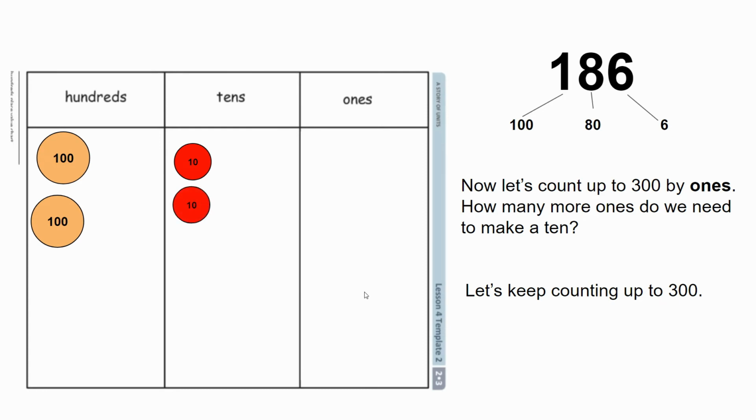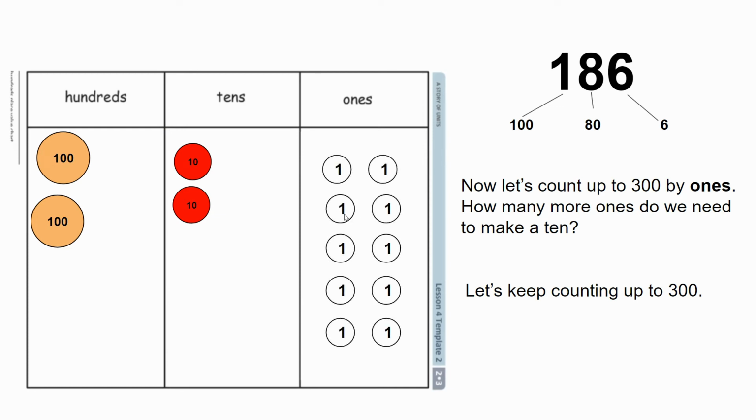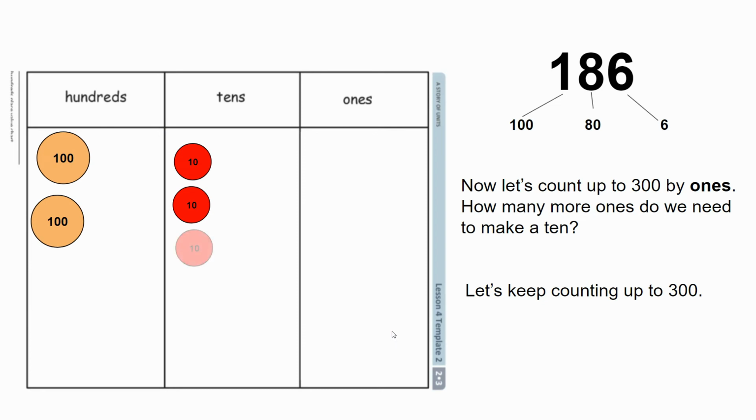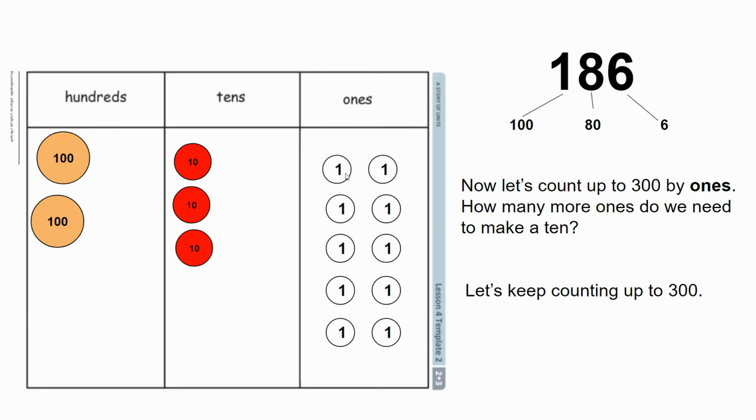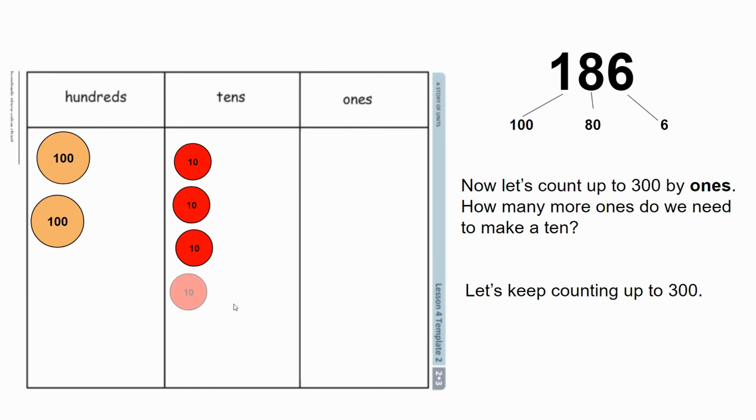Whew, count with me, boys and girls. 221, 222, 223, 224, 225, 226, 227, 228, 229, 230. Trade it for a 10. 231, 232, 233, 234, 235, 236, 237, 238, 239, 240. Trade it for a 10.